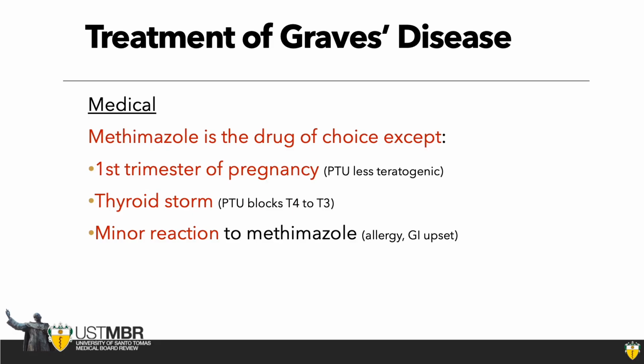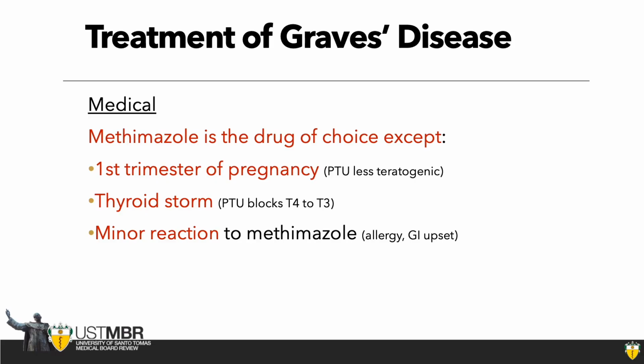So we said methimazole is the drug of choice, unless, okay, there are 3 conditions whereby PTU will be preferred over methimazole. 1, first trimester of pregnancy. Methimazole is more teratogenic than PTU, so during the first trimester of pregnancy, PTU will be preferred. 2, in thyroid storm, PTU compared to methimazole can block the conversion of T4 to T3.